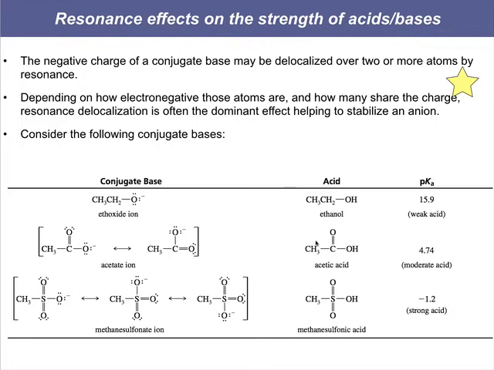Looking at acetic acid, we're going to do the same thing that we did to ethanol. We're going to remove that hydrogen as H+ and dissociate it like a Bronsted-Lowry acid would to get a conjugate base. Now, as we saw, when we remove that hydrogen from acetic acid, we get acetate, and there are 2 resonance structures to acetate.